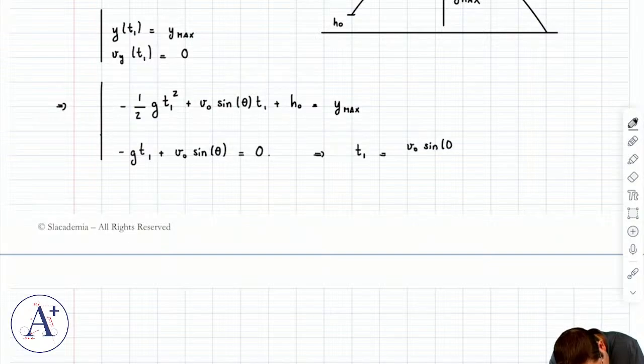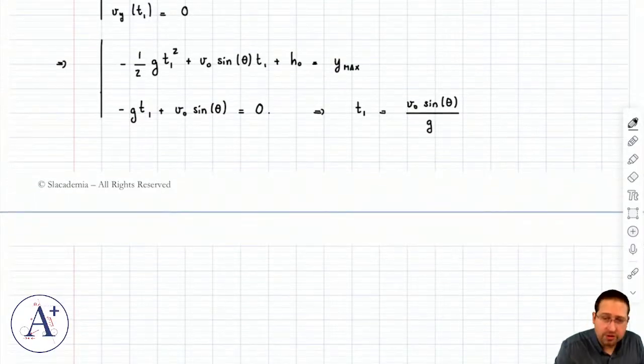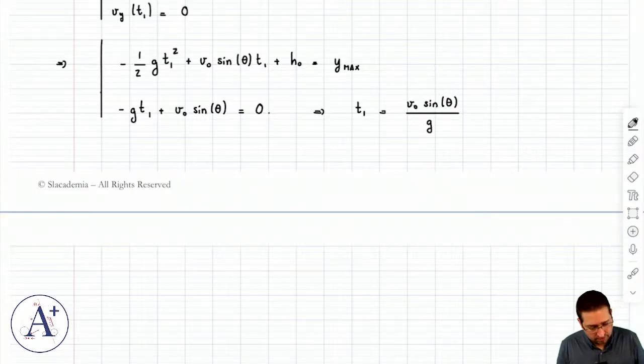Okay, so then this is going to give us T1 is equal to V0 sine theta over G. Now that's a good thing. I want T1 in terms of V0 because I actually want to solve for V0, so that when I plug things back into here, I keep V0 in my equation.